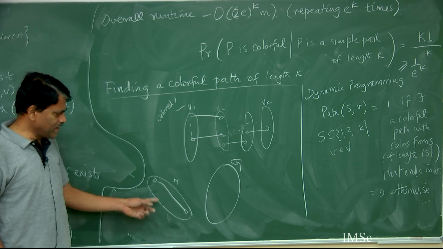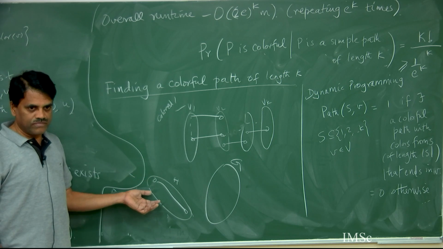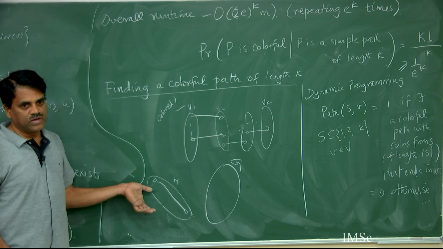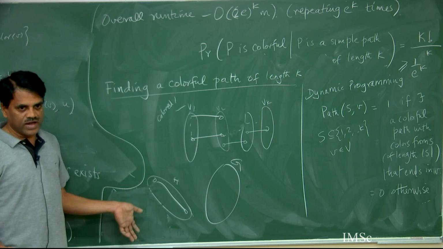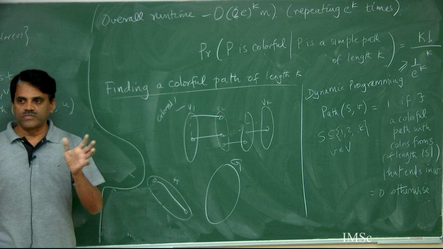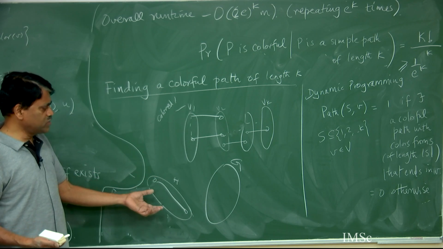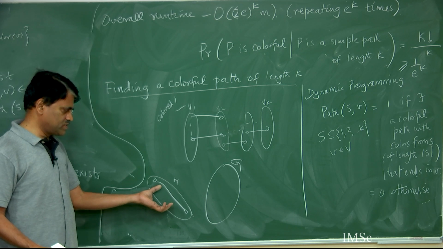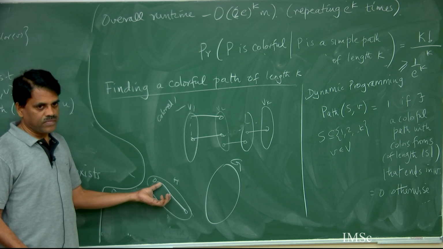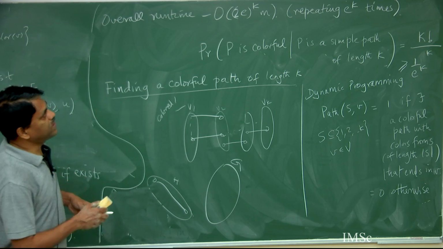For example, if I put a clique here, that is also a subgraph isomorphism, but we will see that that is not a fixed parameter tractable problem. Finding a clique or an independent set in a graph is a canonical hard problem in this parameterized framework. Okay. But it turns out this idea works whenever this subgraph has constant degree, or if you have degree d, then your running time would be something like 2 power dk.